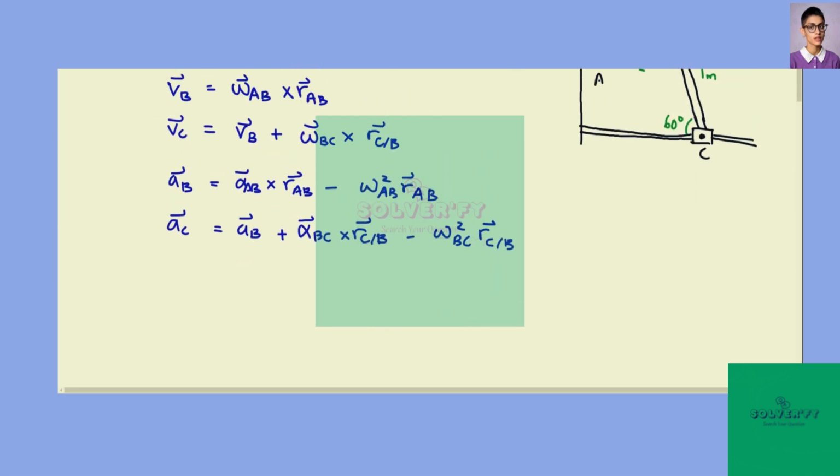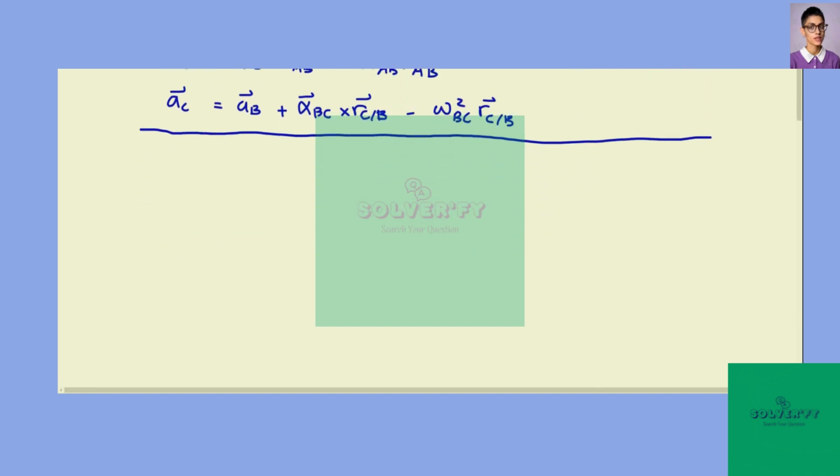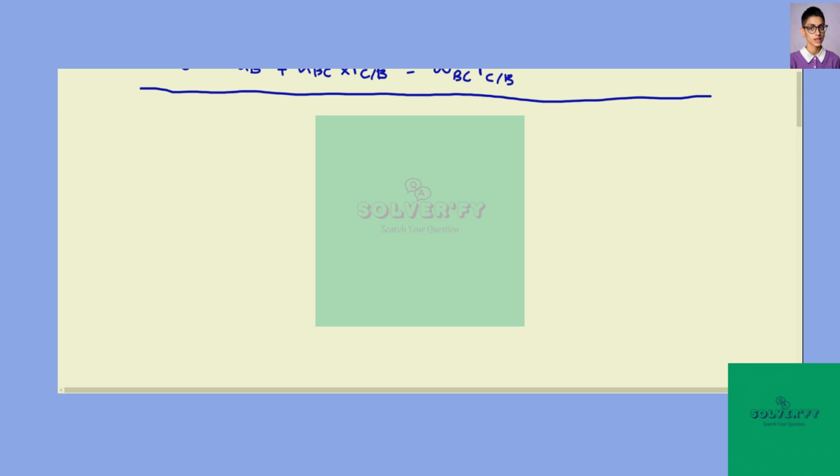There'll be plenty of algebra, so we just have to embrace the work. For the velocity, we are given that omega AB is 4k.